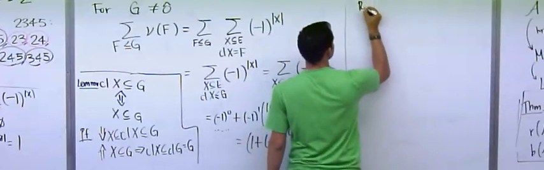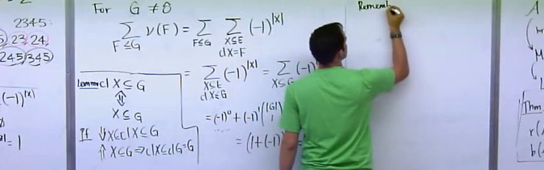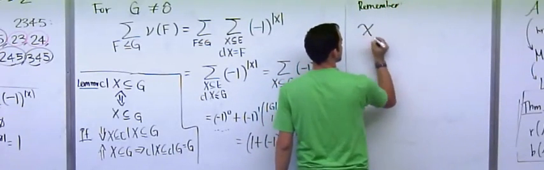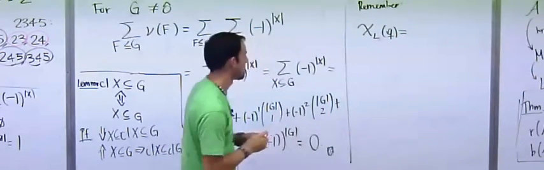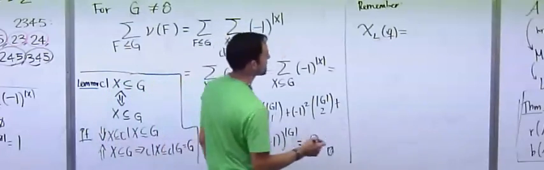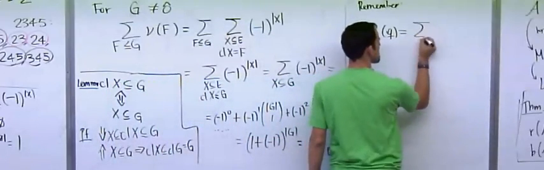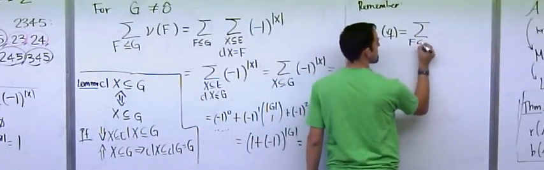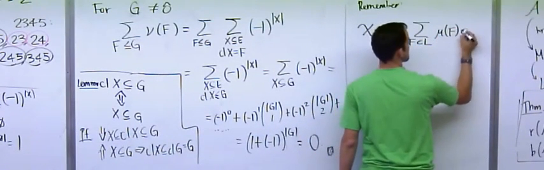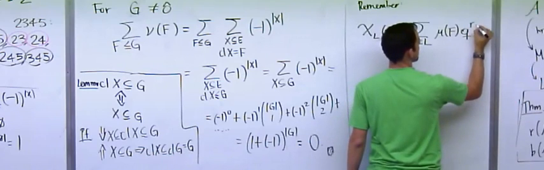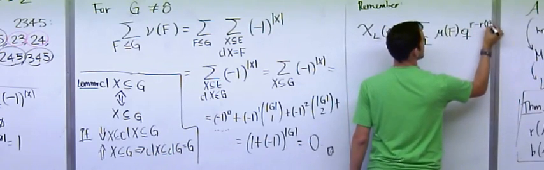So remember, what is the characteristic polynomial? We said that this was just the summation where for each flat in the poset, you look at Moebius of the flat and q to the rank of the poset minus the rank of the flat.